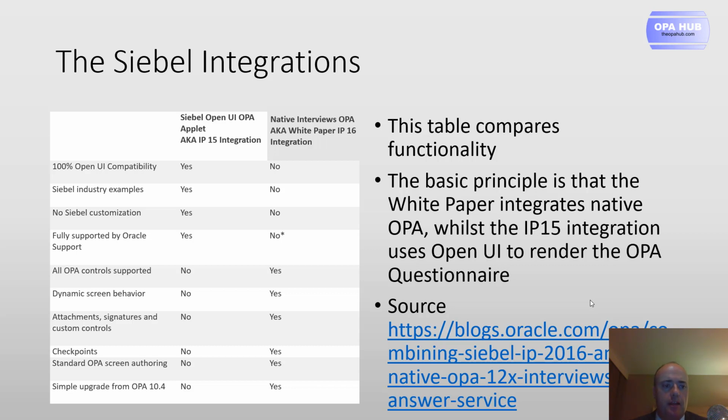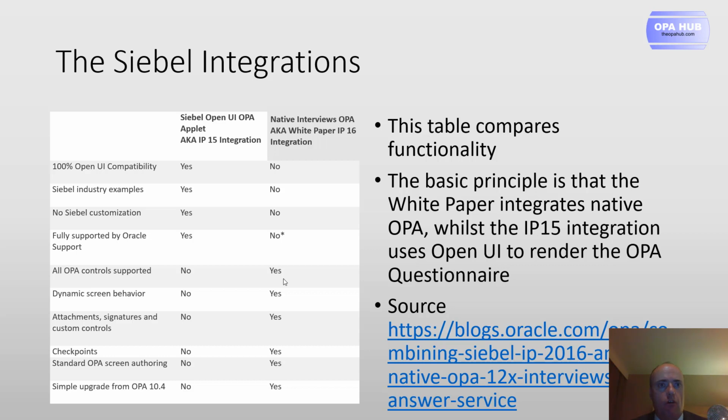The key thing for me, at least, is down here, the OPA controls supported, the fifth line. The IP15 integration had a subset of the visual components that OPA has, because there was no one-to-one match between Siebel OpenUI's controls, text controls, calendar controls, and so on, and the native controls in OPA.